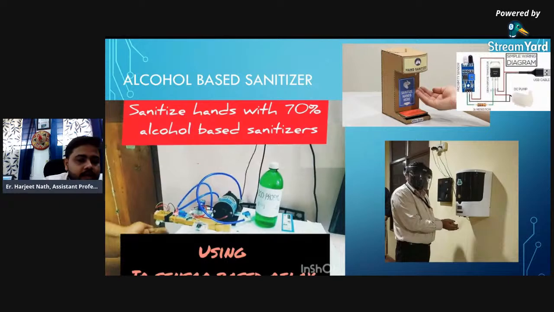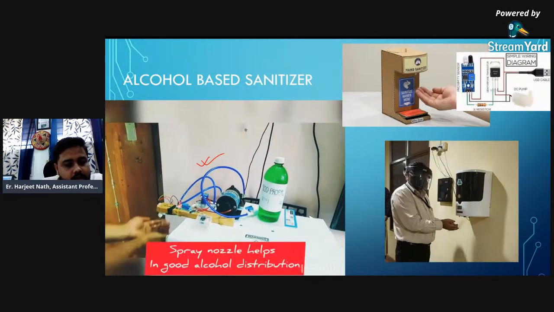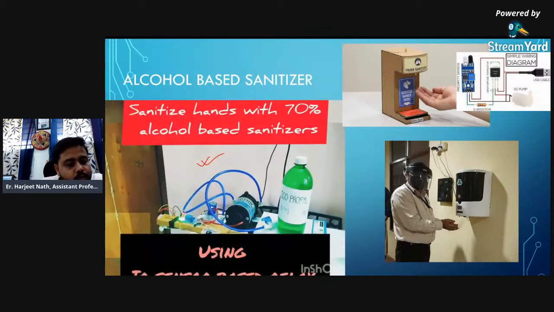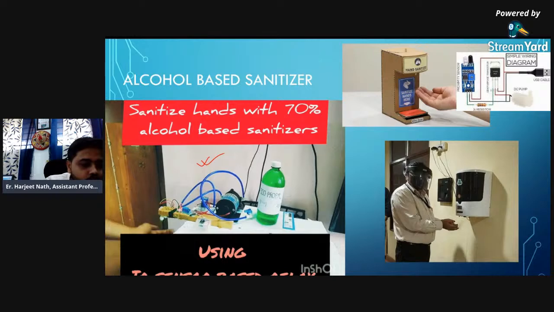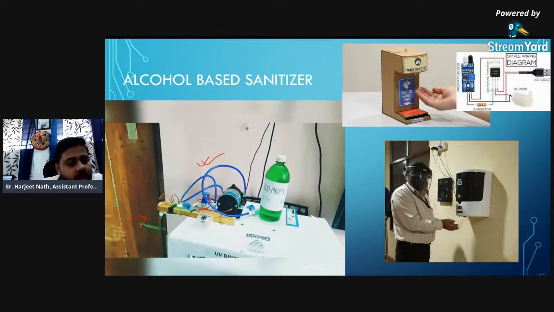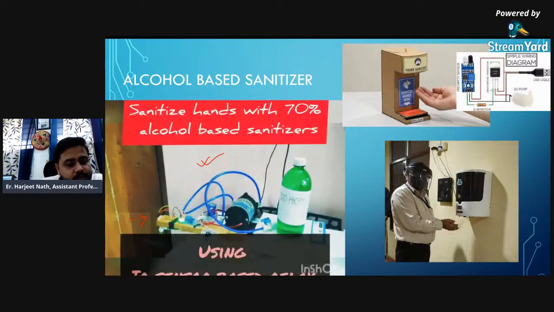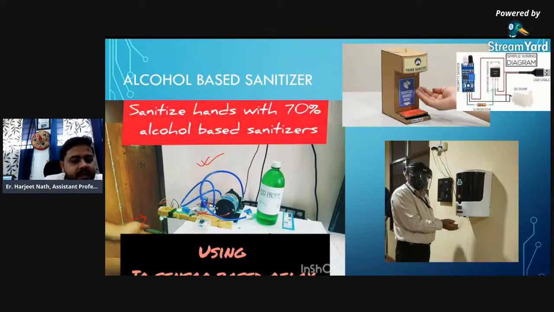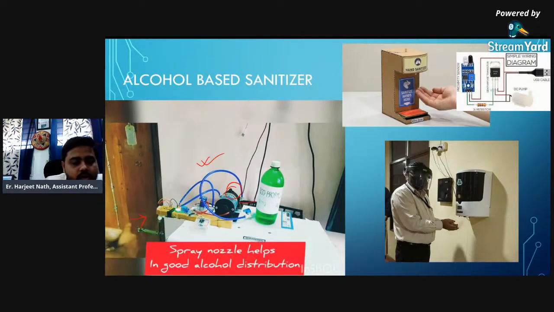If you look at this video over here, you can see a hand sanitizing system, which is again without Arduino. When you put your hand in front of the IR sensor, the waves get reflected back from your hand, and the receiver receives the signal, and that triggers the motor which is connected with your hand sanitizer.